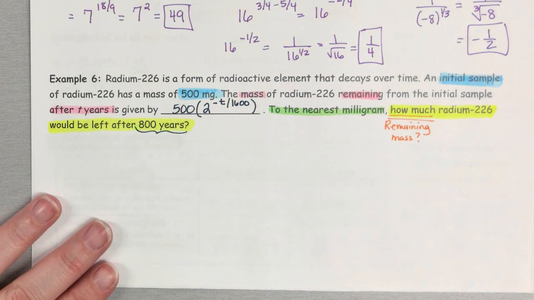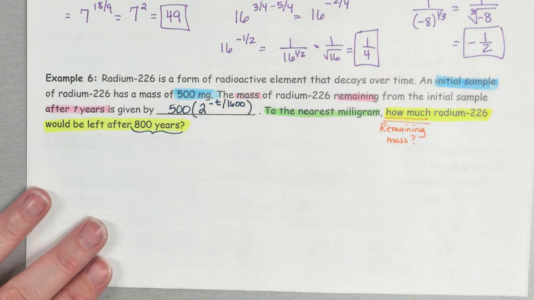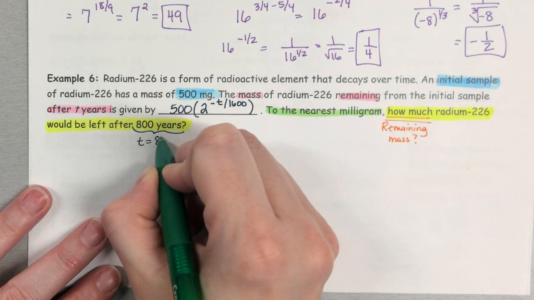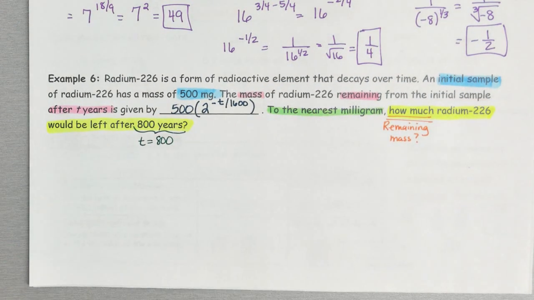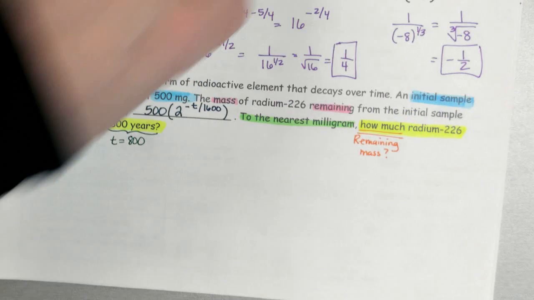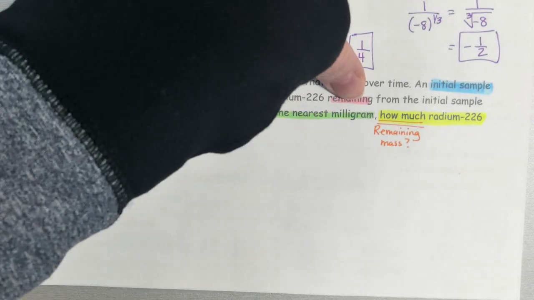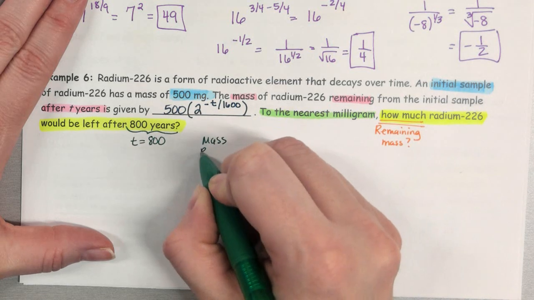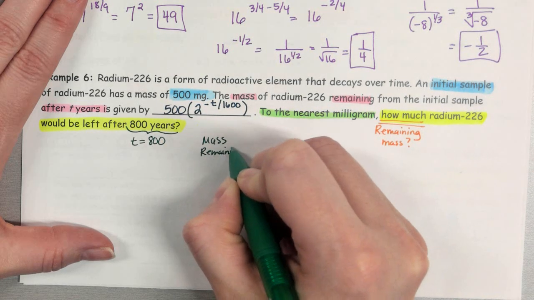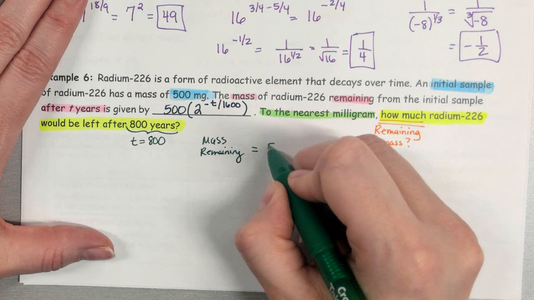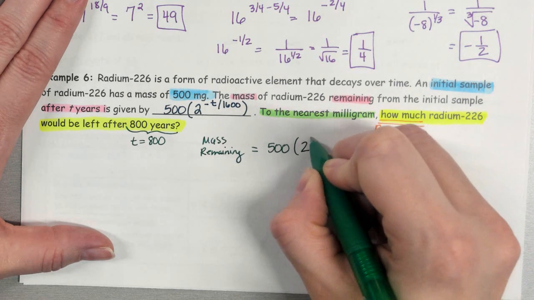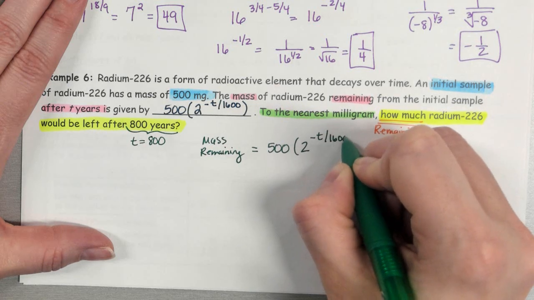So this 800 years, what am I going to be doing with that? Plug in for T. So that's going to be your 800. Okay, so there's no equal sign here, but they said that it's the mass remaining. Okay, so the mass remaining is what's equal to 500 times 2 to the negative T over 1600.